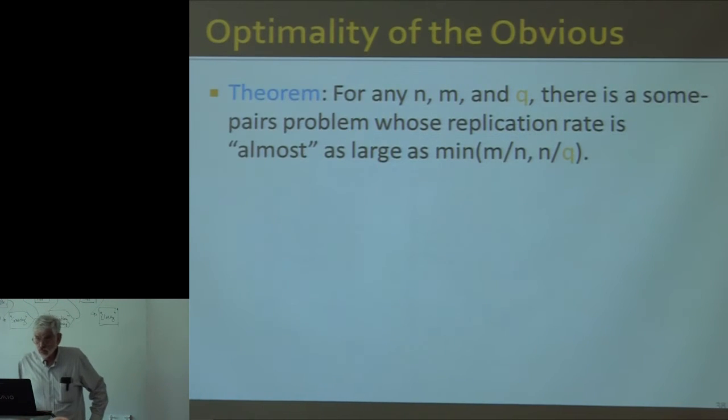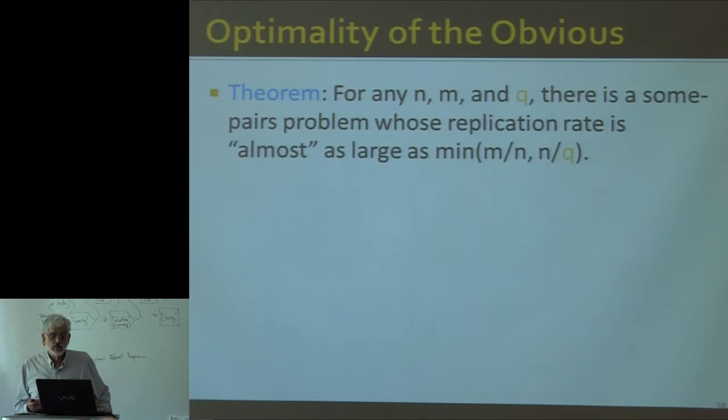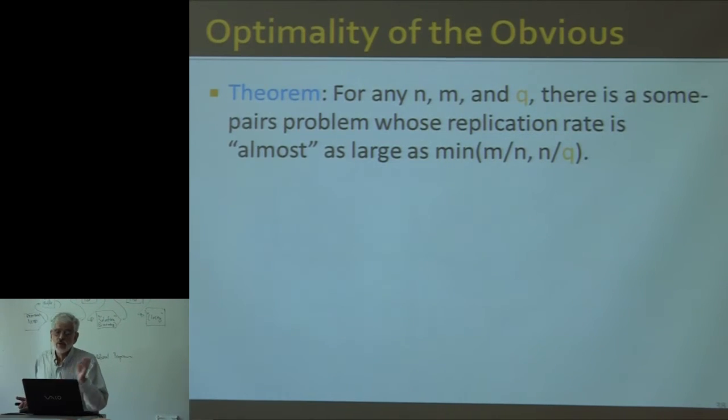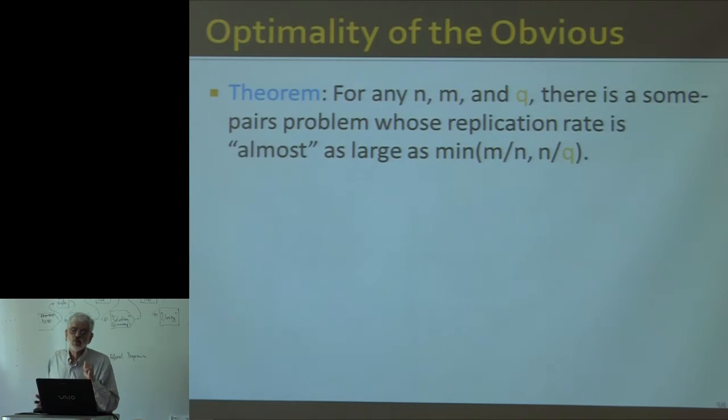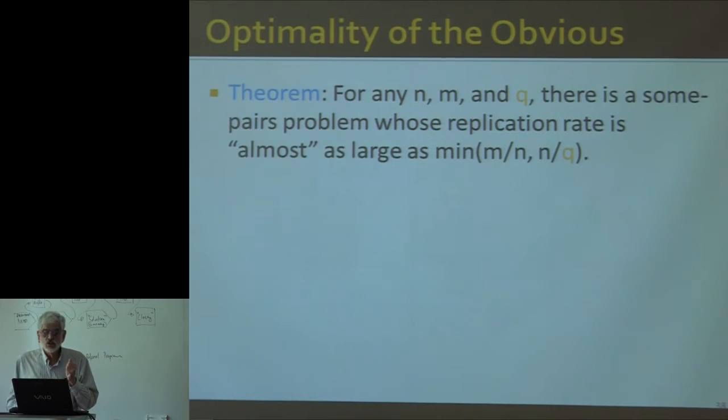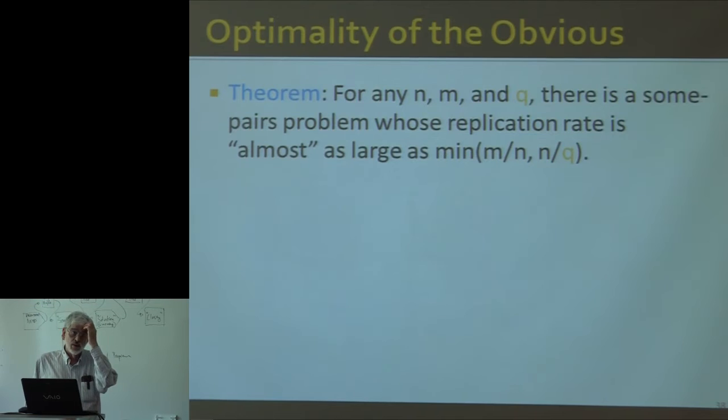Well, it turns out that, again, there's no general algorithm, something that will work for any n, m, and q, that's any better, because for any values of n and m and q, you can find a particular instance of a some-pairs problem where the replication rate that's required is close to the smaller of m over n and n over q.